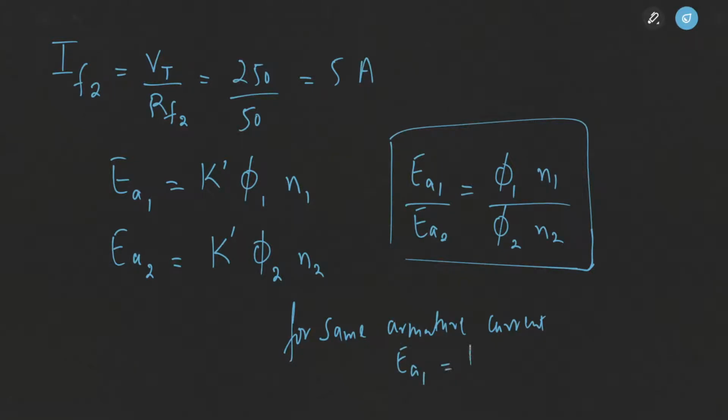EA1 and EA2 will be the same, because EA is equal to VT minus IARA. If VT, RA and IA are not changing, then EA1 and EA2 will be the same. So this equation becomes phi 1 N1 divided by phi 2 N2 is equal to 1.